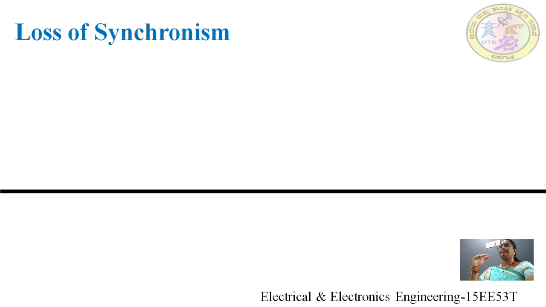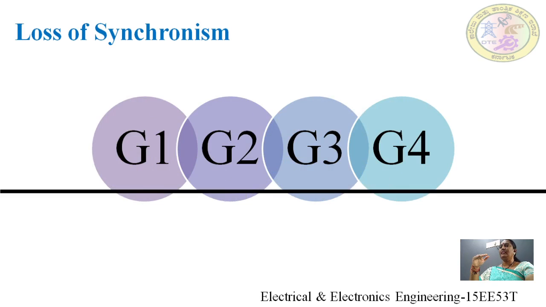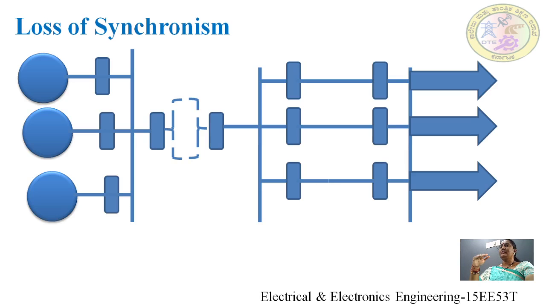These are all under synchronism. First, we will see at what condition they lose synchronism. First, there is an opening of the line. This leads to loss of synchronism. This may give rise to the voltage, or there may be an increase or decrease in the speed of the generator, because the load may be removed in this case.